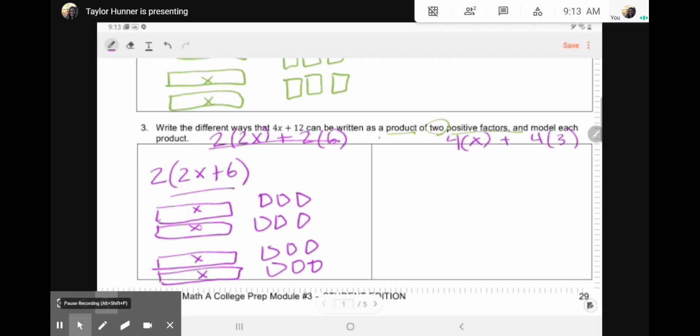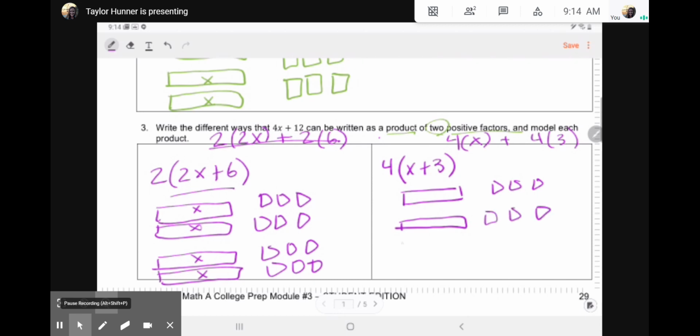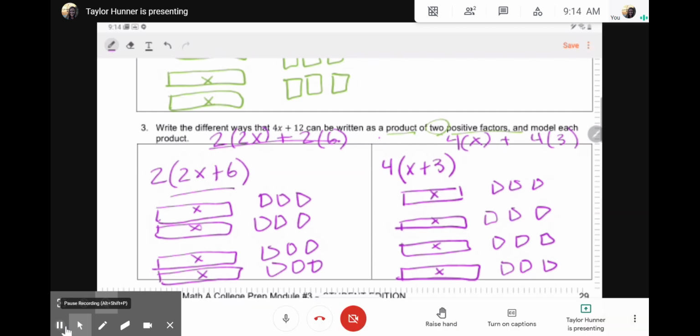For 4x plus 4 times 3, I'm actually going to write it as 4 times x plus 3. Because this is saying that I have 4 groups of x plus 3. So there's 1 group, there's 2 groups, there's 3 groups, and there's 4 groups. And I should probably label these as x's.